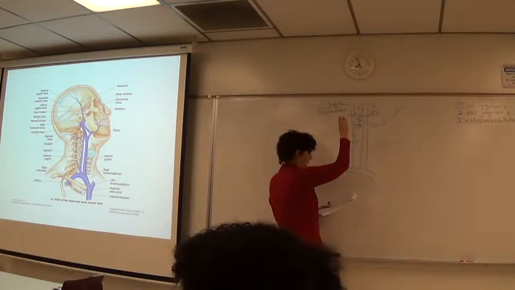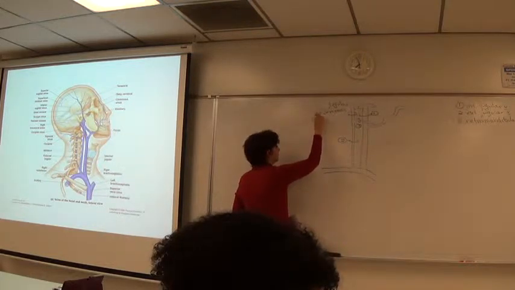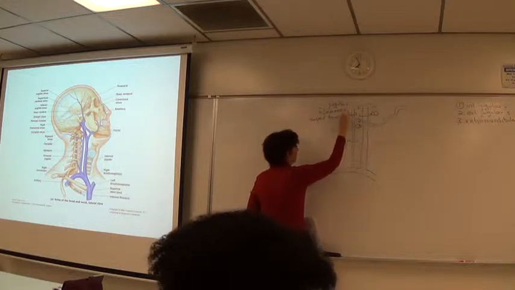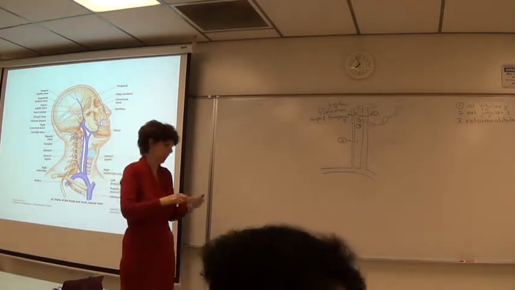So facial drains primarily into internal, and then the external jugular is made up primarily of the, I don't have it on here, so I'm just going to name it, the superficial temporal, and the occipital vein, which is coming from the back of the skull.